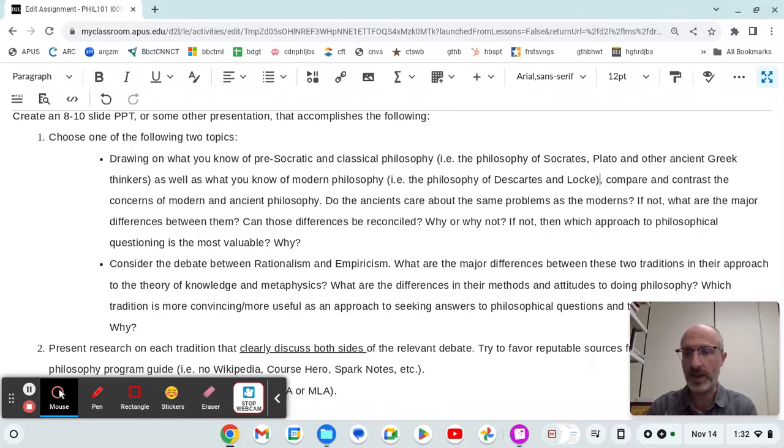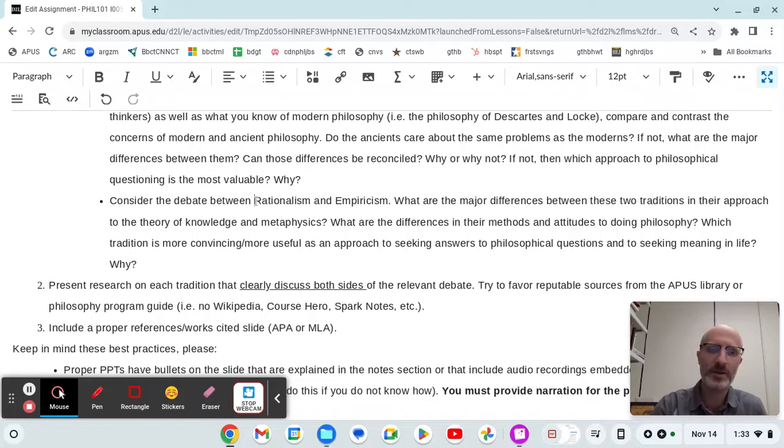I'll take that into account when I grade, but I wouldn't expect to find a simple, tidy answer to the question anywhere. It's going to require, I think, quite original analysis of both philosophical traditions. The difference between rationalism and empiricism is a little more straightforward. I think they're competing theories that are addressing the same question.